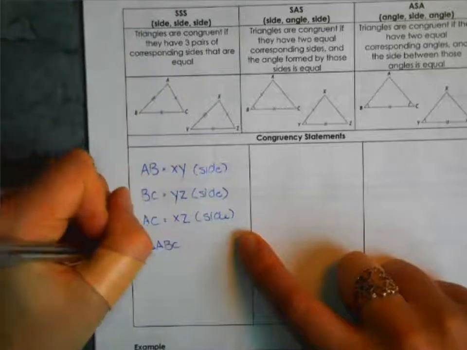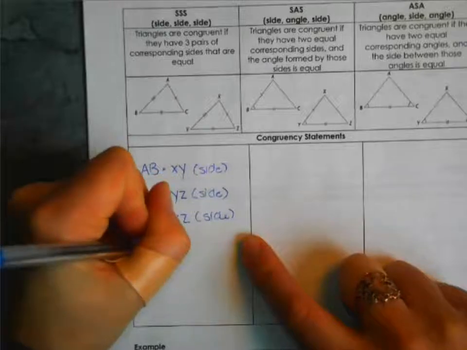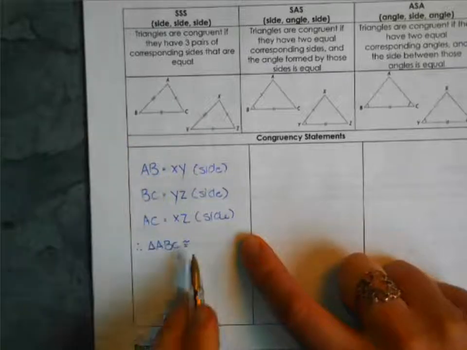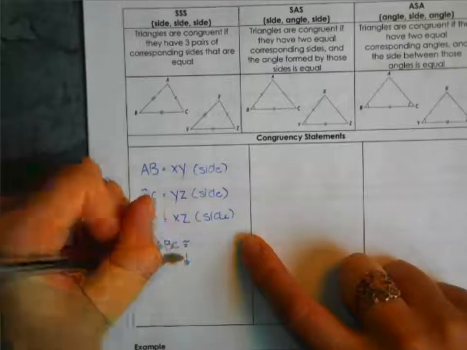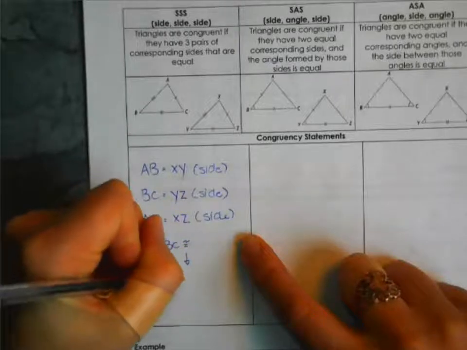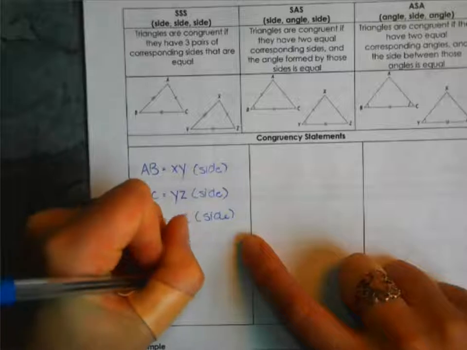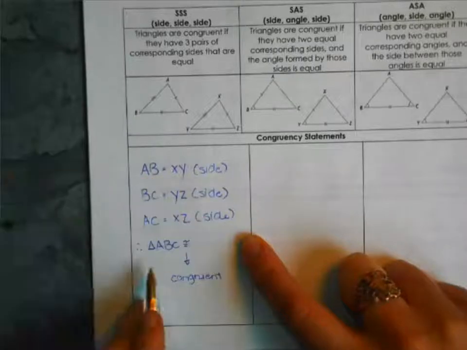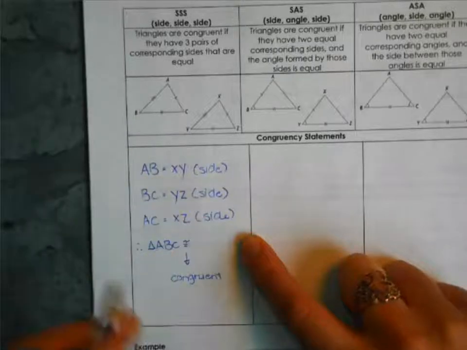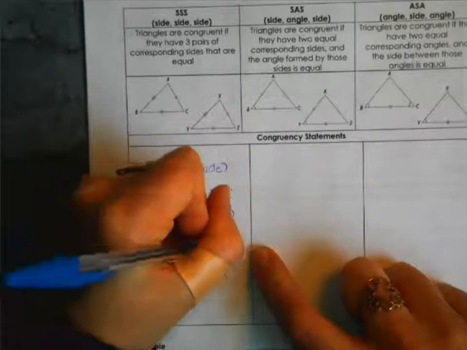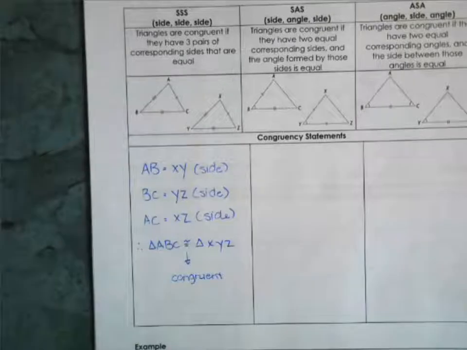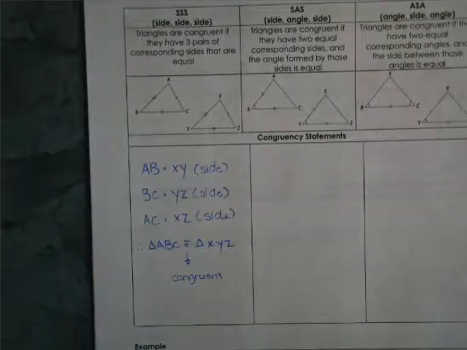We just draw the little symbol for triangle. And then this weird thing where you have an equal sign with a squiggly line over top of it means is congruent to. So triangle ABC is congruent to triangle XYZ. Okay, and that's basically all you do for a congruency statement.